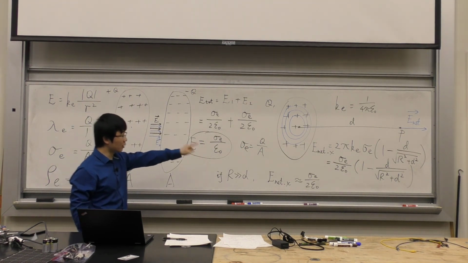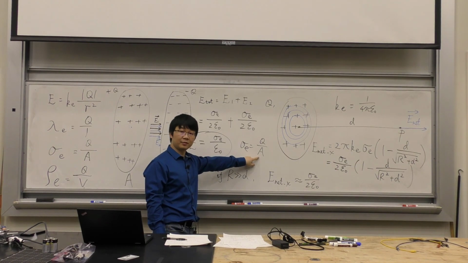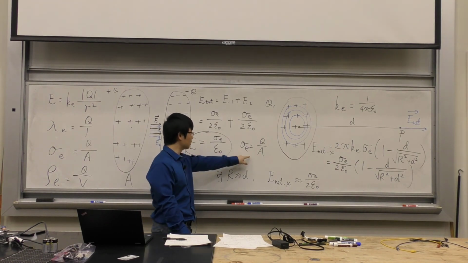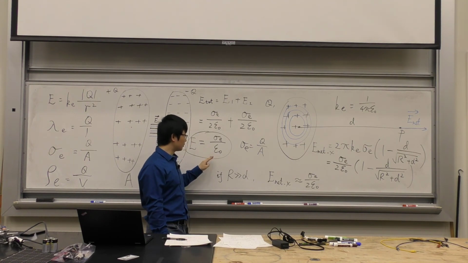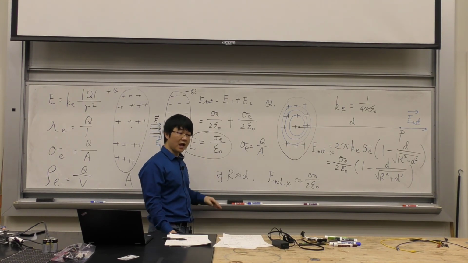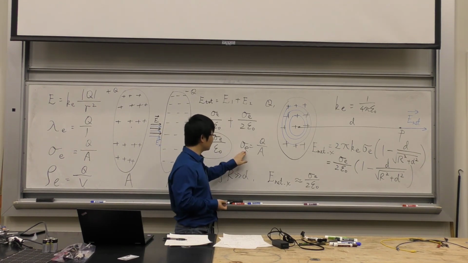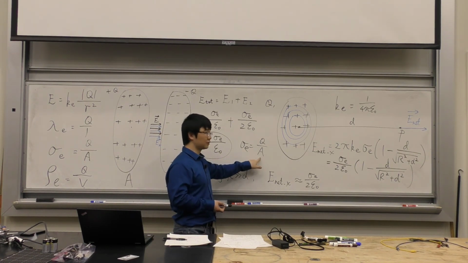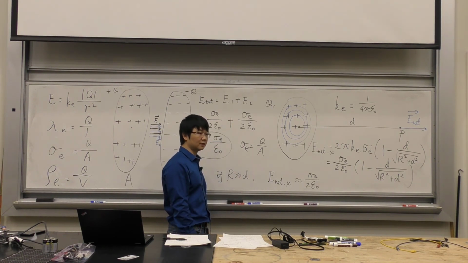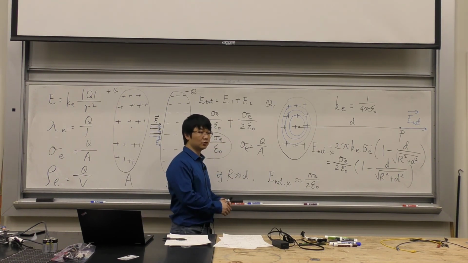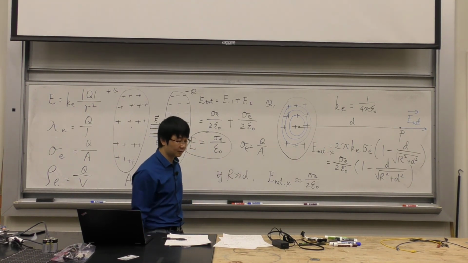So you don't need to double anything or divide anything by 2 when you use this equation. This equation has already been derived using the fact that there are 2 plates. So when you calculate this sigma_E and plug it in, it is just for 1 plate: the amount of charge on 1 plate, the area of 1 plate.